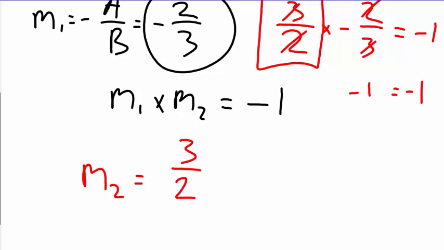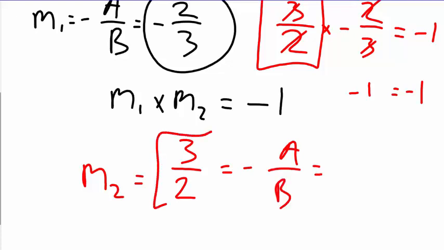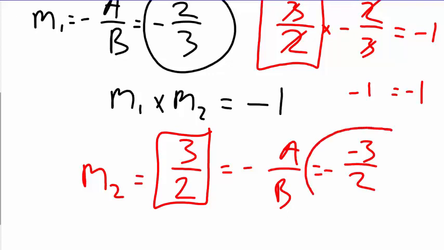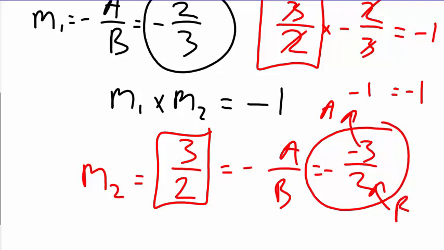And if we want to find A and B, this should be equal to -A over B. Since it is positive, we need to make it -3 over 2. So you see, slope will be +3 over 2. That means this part is A, this part is B in our new equation of line.